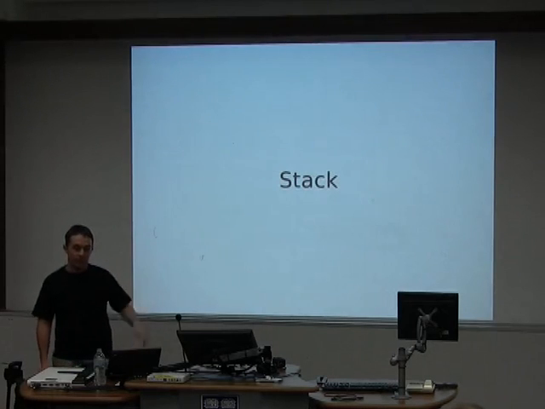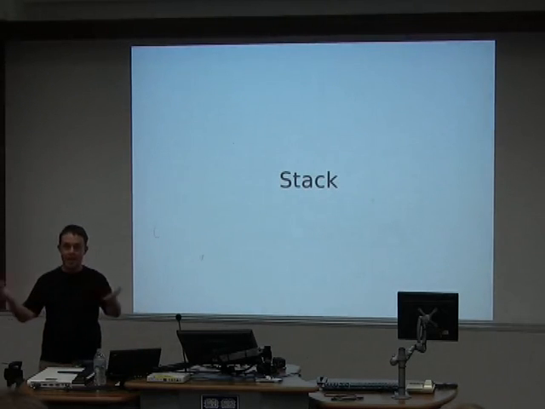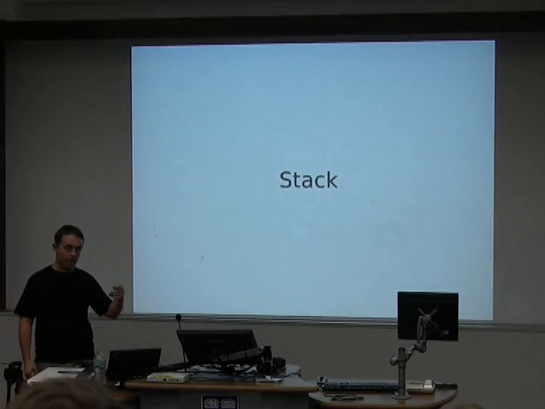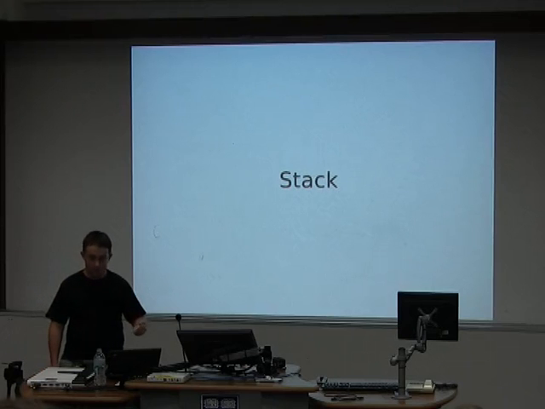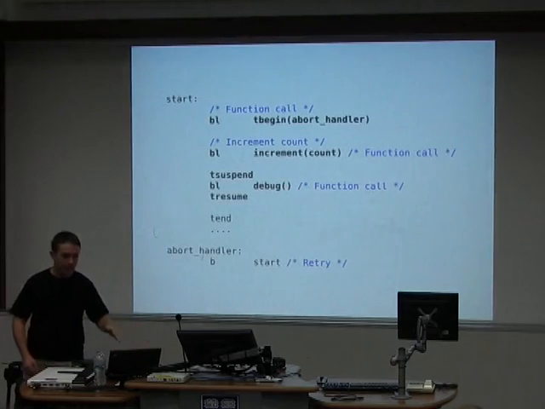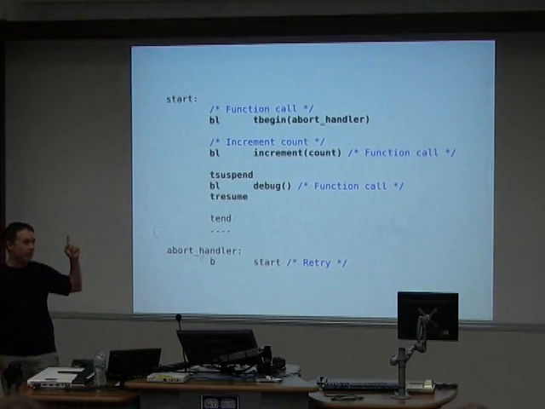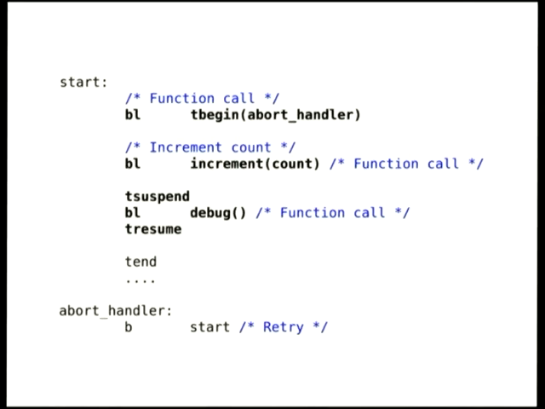This also has implications for the stack. Stack is just like any other memory, but the problem is if you trash the stack when you're suspended, that will be persistent and you could end up corrupting it. So if you do something like this, where your tbegin is in a function, that's going to have some stack requirements. Your increment is fine. You can do that in a function and it'll get rolled back and that'll be part of the transactional memory footprint.